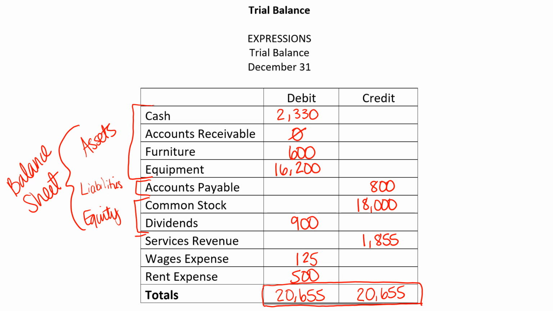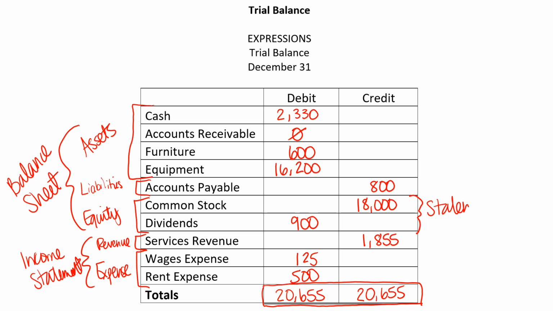Then you have revenue and expense accounts, and those make up the income statement. We also prepare a statement of owner's equity, and so any of the equity accounts would go there also. You may also see it called Statement of Retained Earnings.